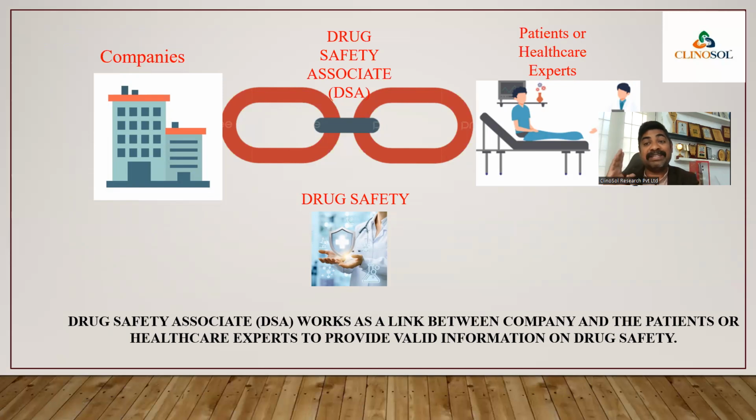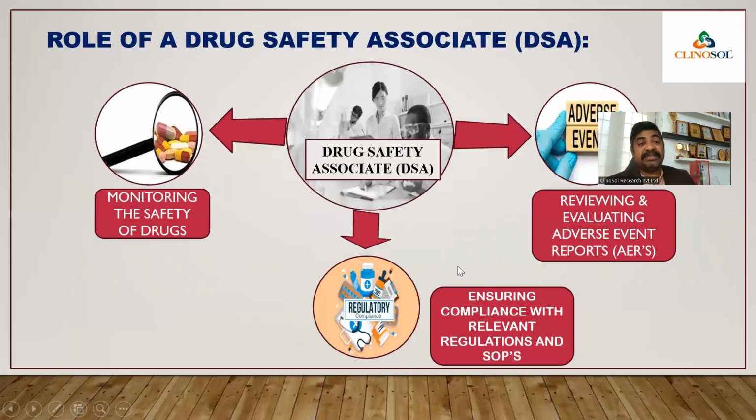He processes the case, makes sure that the case is readable and understandable, and reports the case to the next level, a regulatory body or sponsor if he works at the CRO. A drug safety associate works as a link between the companies and patients or healthcare experts to provide valid information on drug safety.